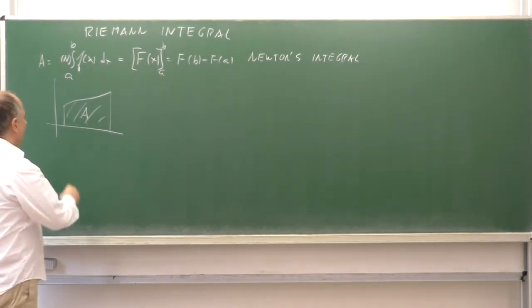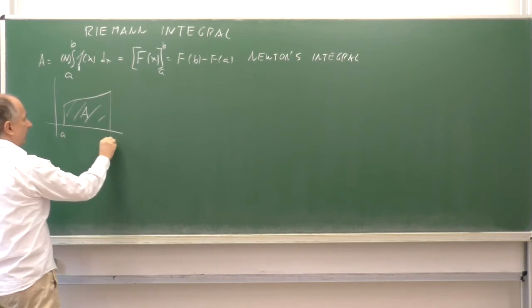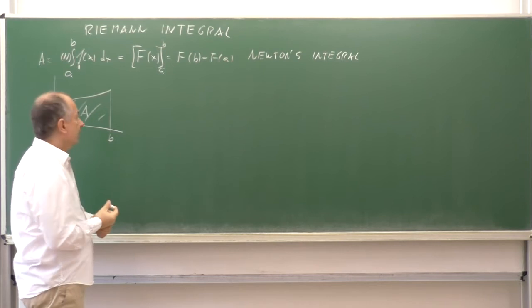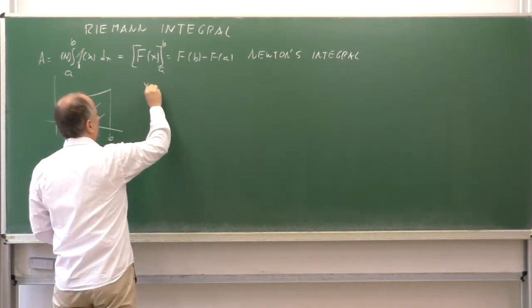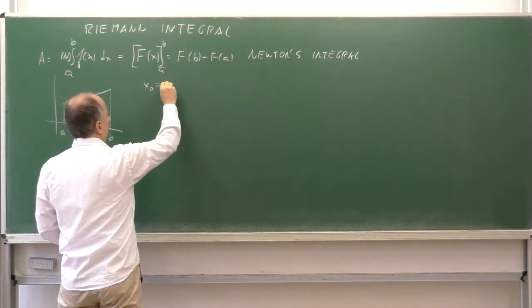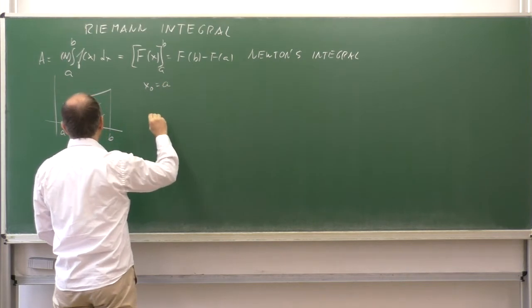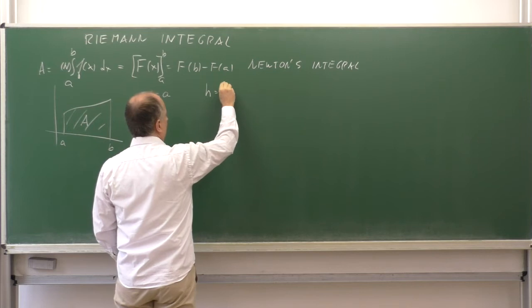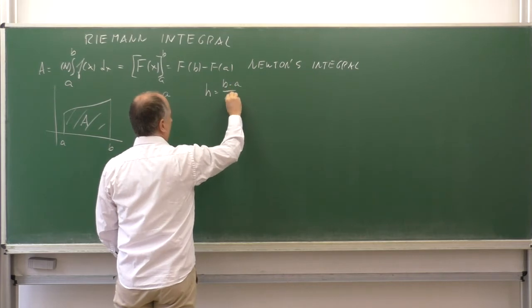Now, we can divide the interval AB by an equidistant grid of points. We consider the points x0 is a, and for some n, we consider the step h equal to b minus a divided by n.